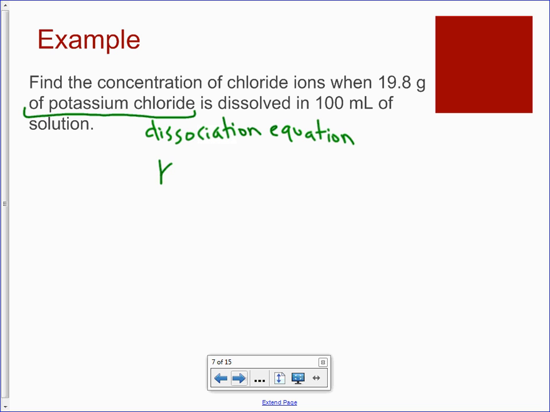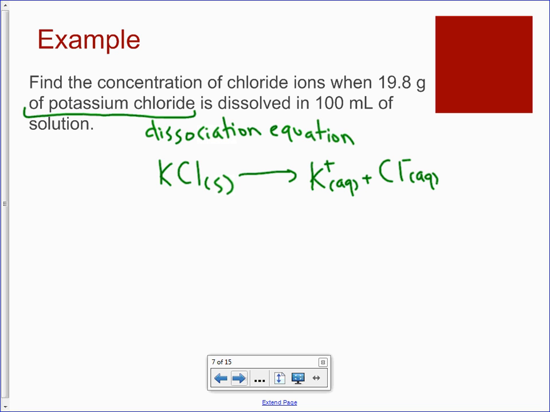So we are starting with solid KCl. And as this is put into solution, as it dissolves, it will dissociate into its ions. So we will have potassium ions in solution. We will have chloride ions in solution.